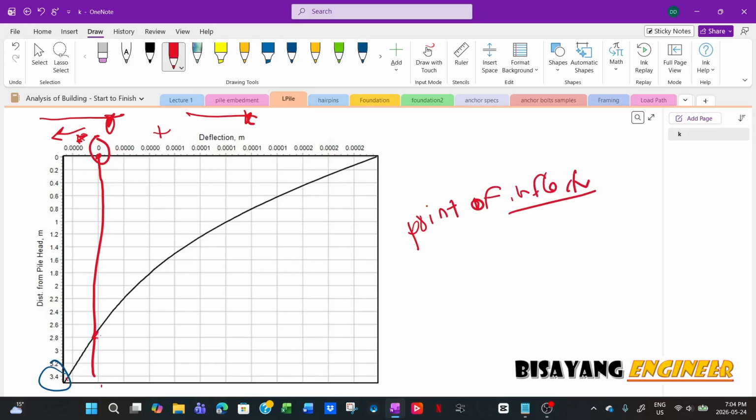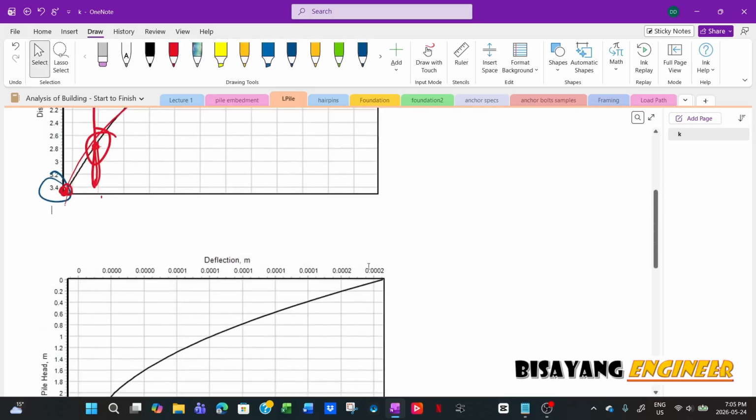It rotates at this point here. And if you notice the bottom of the pile is on the left side of your origin, that means the pile is rotating at this point. Now, if this stays on the left side of your origin, that means if your pile is subjected to lateral load, there's a tendency that it won't go back to its original position. So in this case, this is not good.